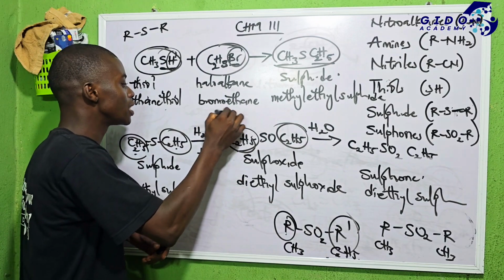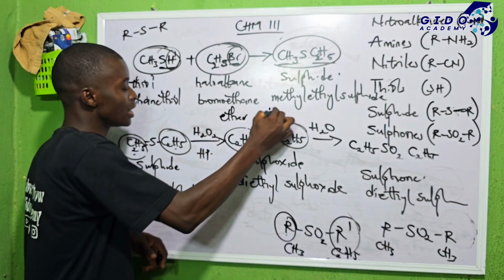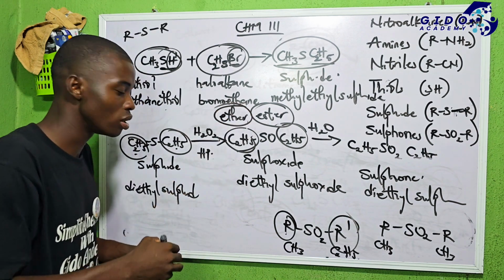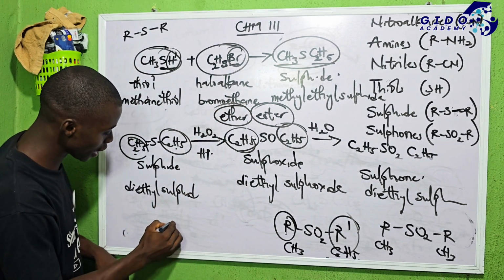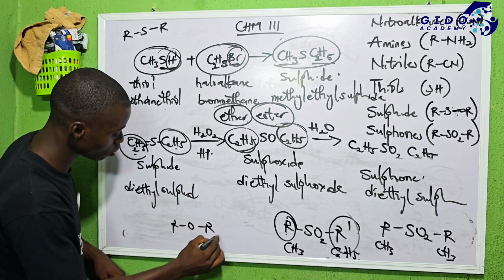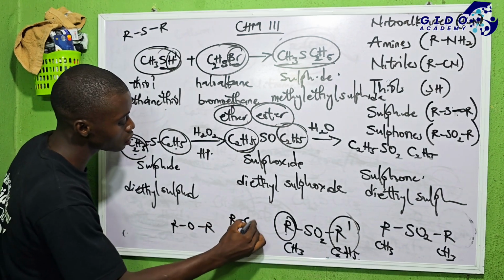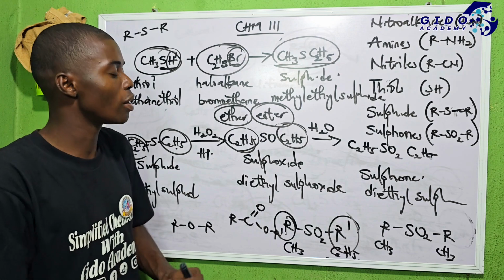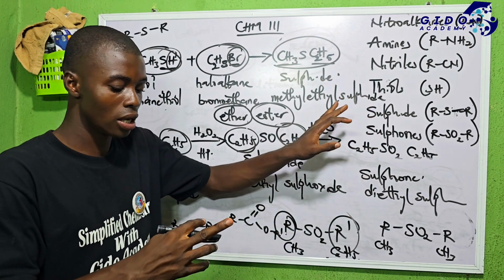Please, there's a difference between ether and ester. Ester is carbonyl, but ether is not. Ether is R O R, but ester is R C O O R, which can be prime or not. The last one we have there is sulphones.